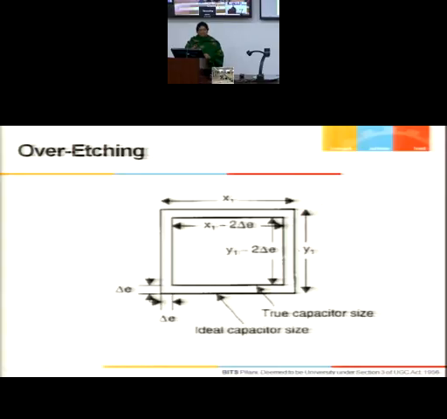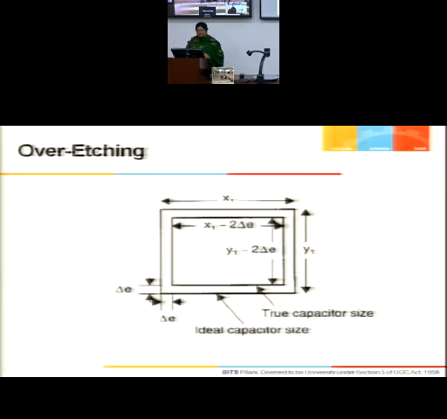We normally pre-calculate the time for which etching has to be done, but even then over-etching does happen. So I may end up with a smaller length, with a delta error on this side and a delta error on that side because of over-etching. So we get a 2 delta E reduction in the size.